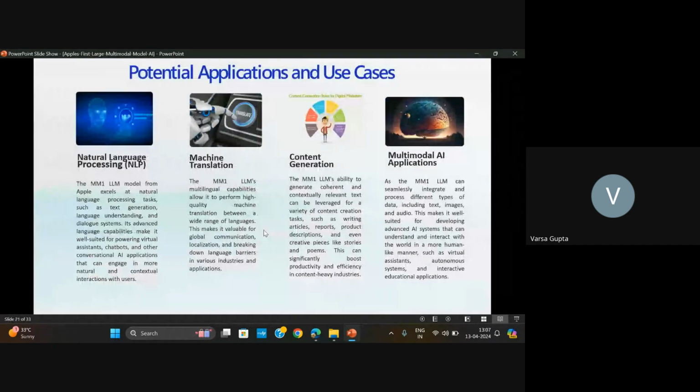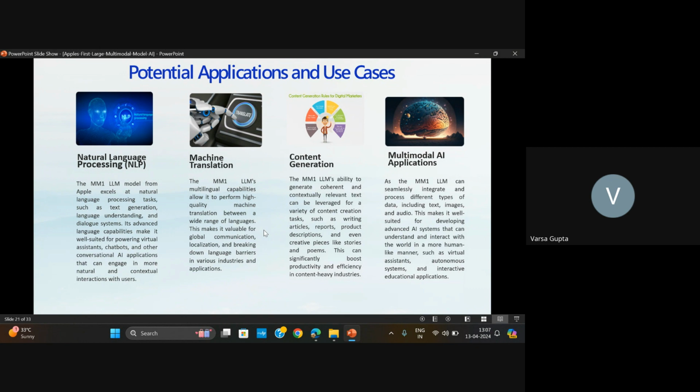If we see the potential applications and use cases of MM1, we see that MM1 has a GLUE score of 91.7%. GLUE score is related to natural language understanding. So the potential applications can be in natural language understanding tasks such as text generation, language understanding, summarization, translation, things like that.